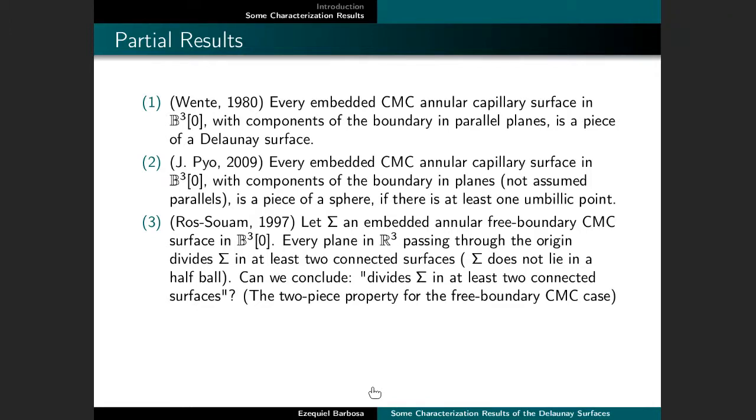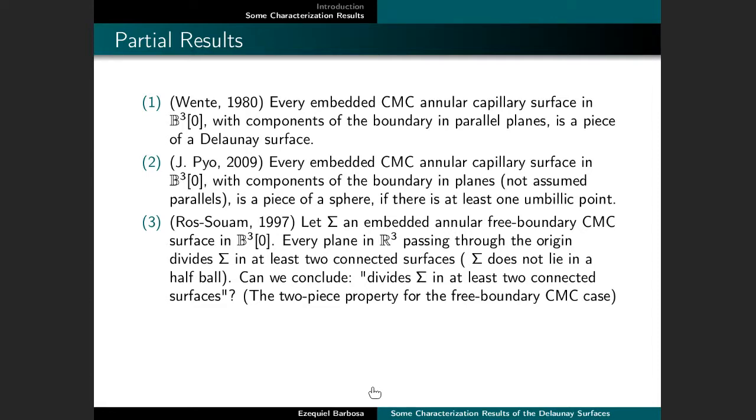I mean, every plane in R3 passing through the origin divides the surface in at least two connected surfaces. Actually, the result is the surface does not lie in a half ball. So every plane passing through the origin divides the surface in at least two connected surfaces.